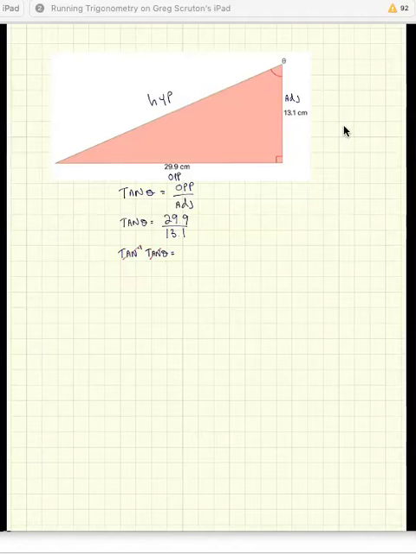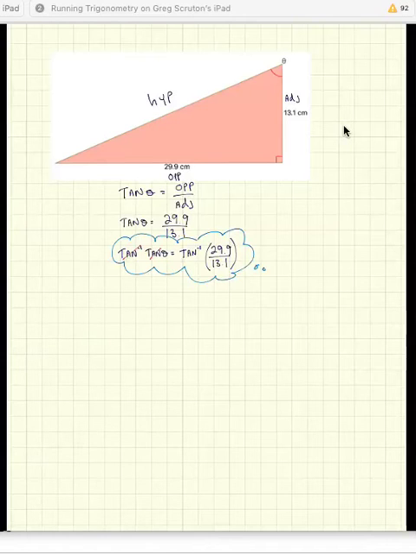And we're taking the inverse tan of our 29.9 over 13.1. So tan to the -1 of 29.9 divided by 13.1. This is a step that you don't necessarily have to write down. This is something that we think about, but you don't really have to write it.